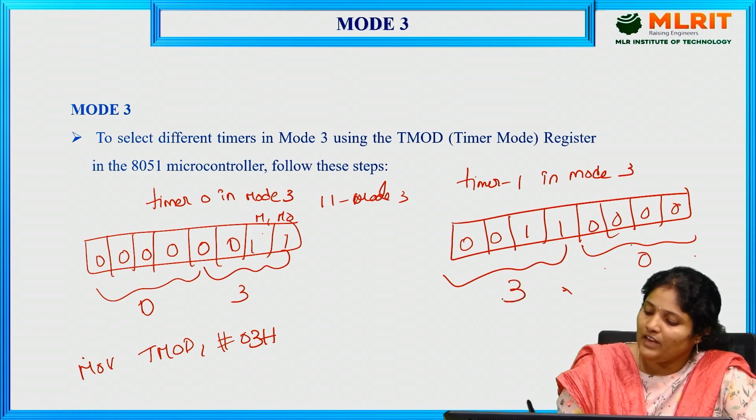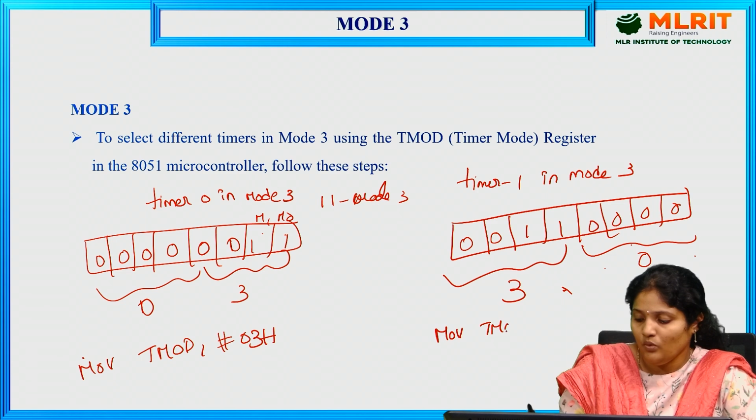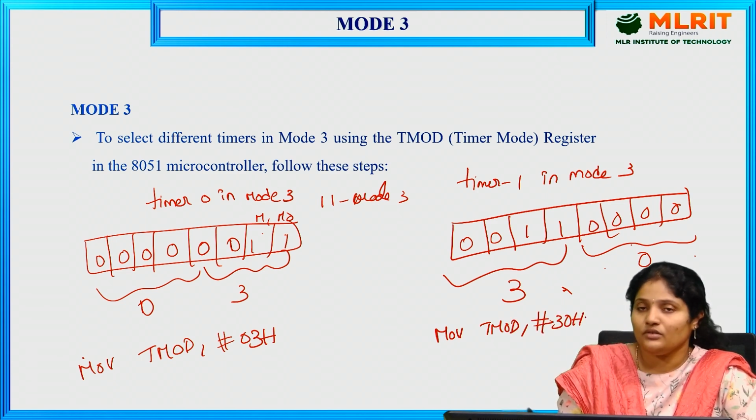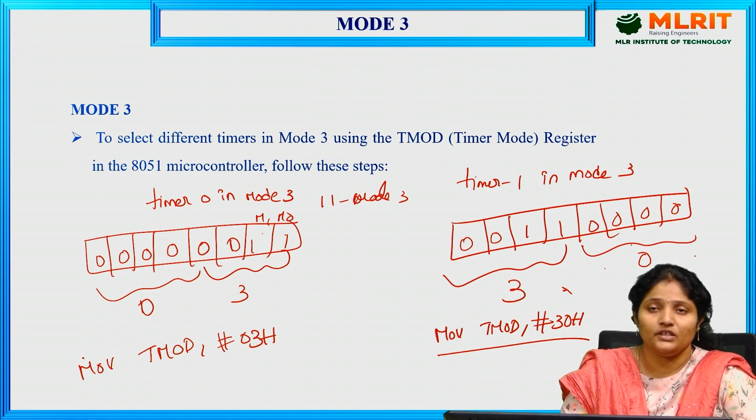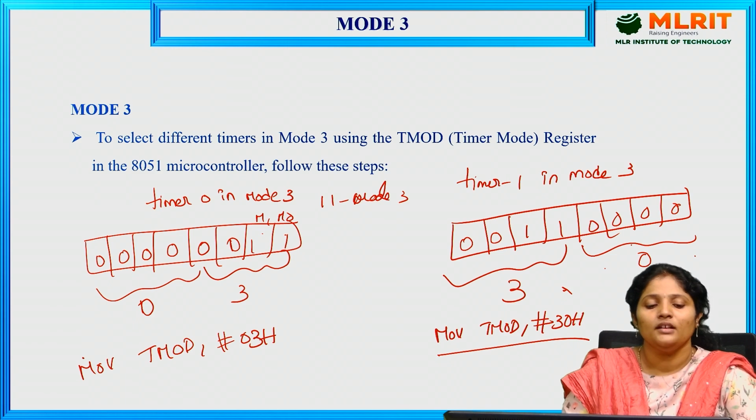The value here is 3 and there 0. So MOV TMOD, #30H. This is how we keep the values in the TMOD register to select timer 1 in mode 3 operation.